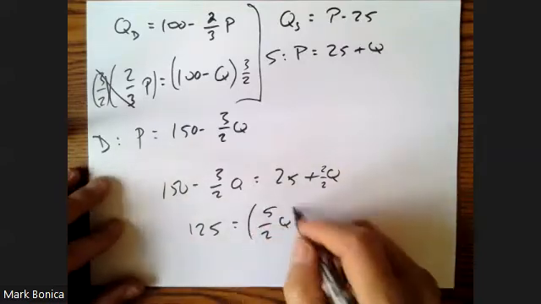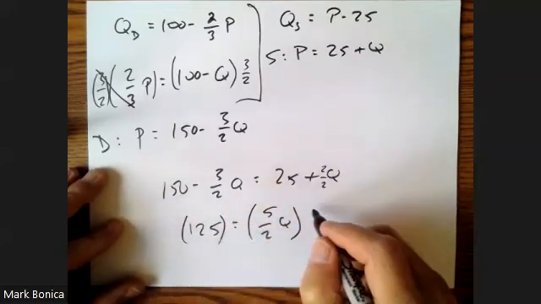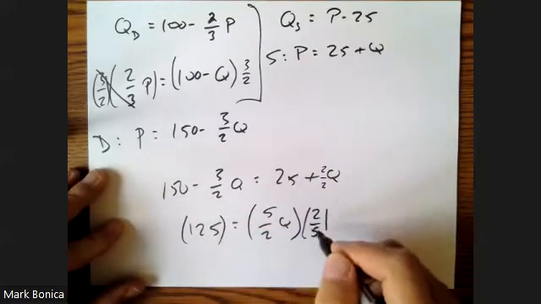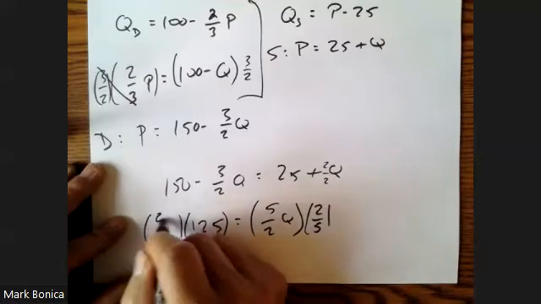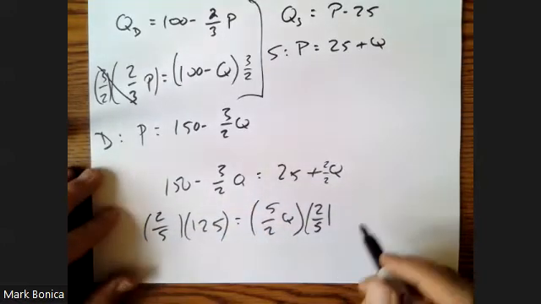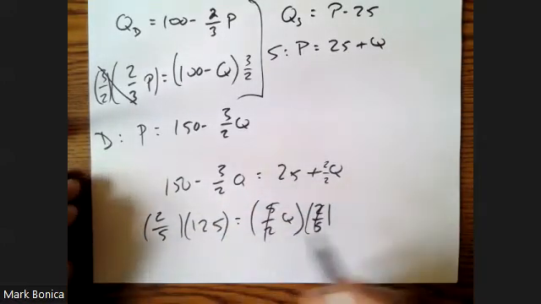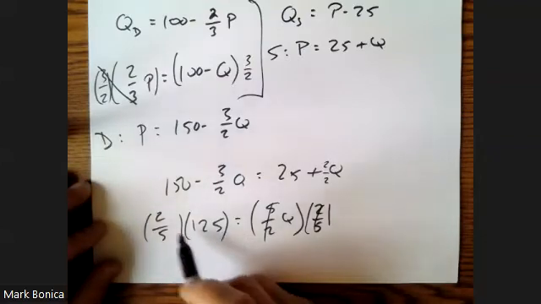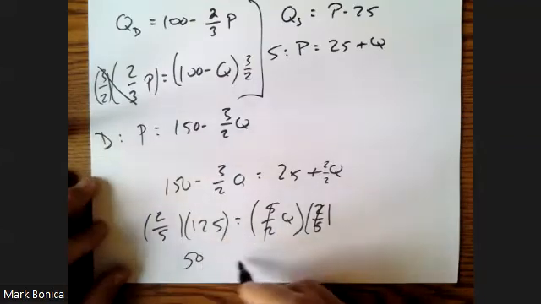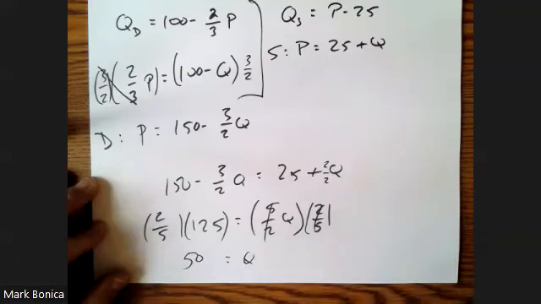Then we multiply both sides by 2/5 to get rid of the 5/2. That cancels, and 50 equals Q.